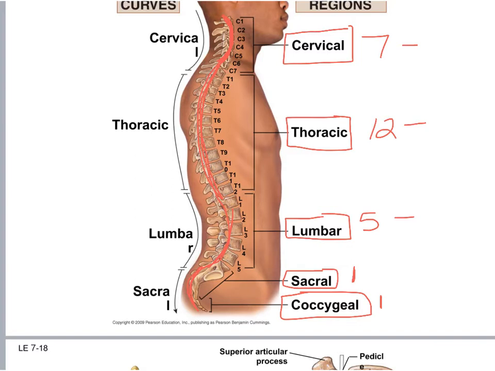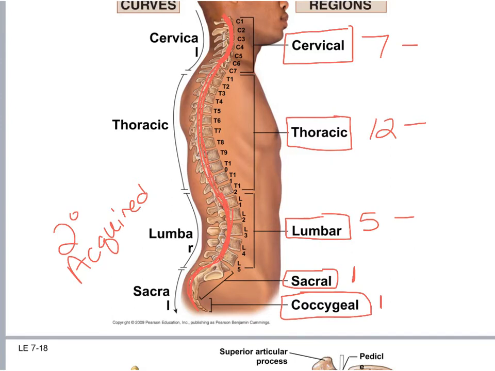So the cervical curve and the lumbar curve are both called secondary curves, or acquired curves.